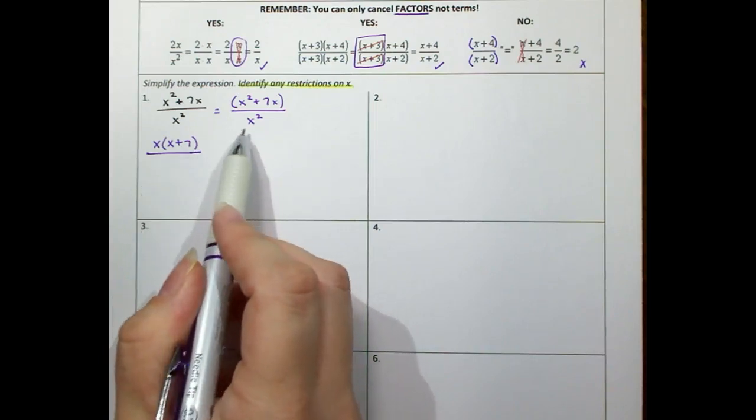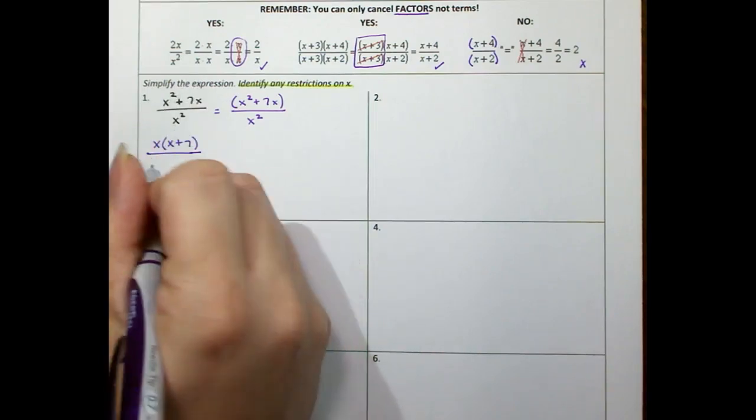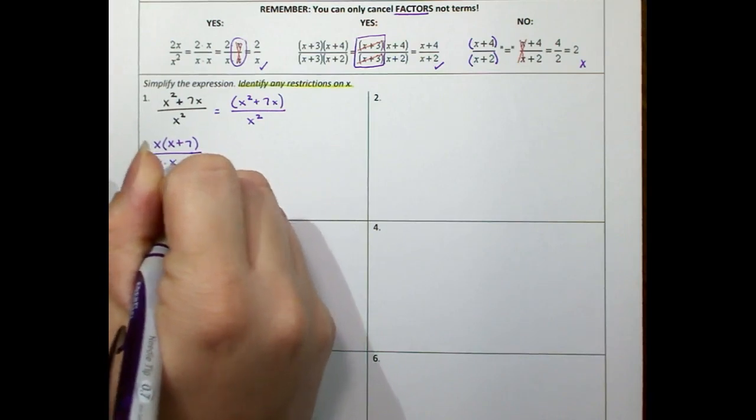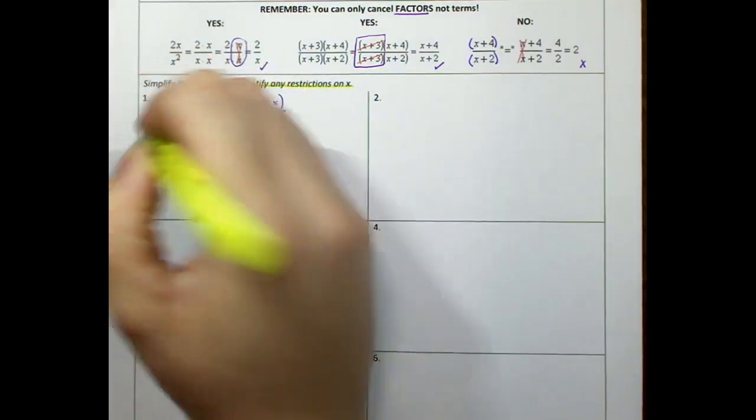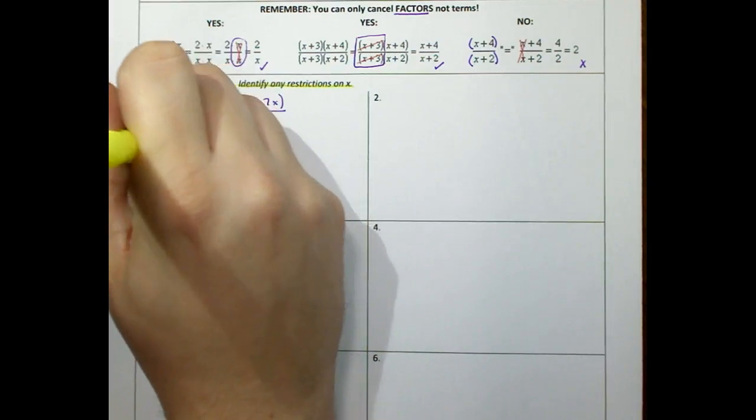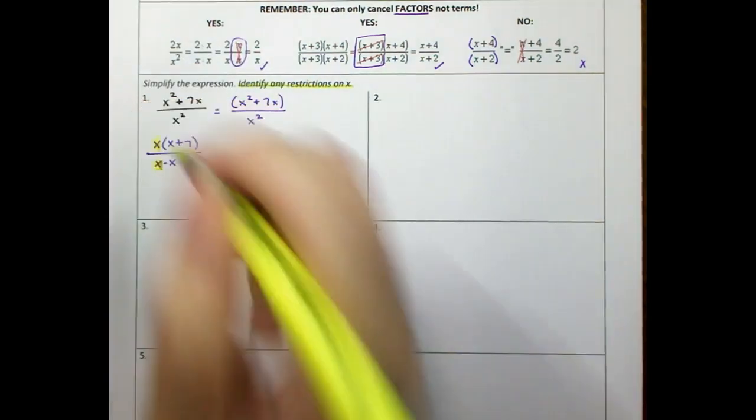Now, x squared is just a term, but if we wanted to, we could break this down into x times x, because that's what x squared means. And notice x times x are factors. So now we are going to find any common factors. We can take this x on top and this x on bottom, and they can actually cancel out.